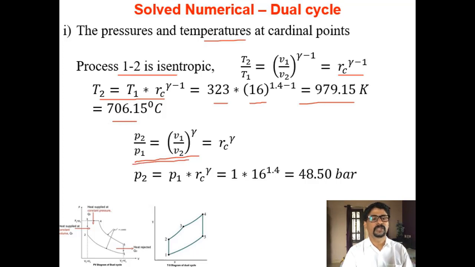Similarly use the relationship P1 V1 to the power gamma is equal to P2 V2 to the power gamma for the isentropic process. You'll get P2 by P1 is equal to V1 by V2 to the power gamma, or RC to the power gamma. So P2 is equal to P1 RC to the power gamma. After substitution and simplification, the pressure at the end of the compression process is 48.50 bar.